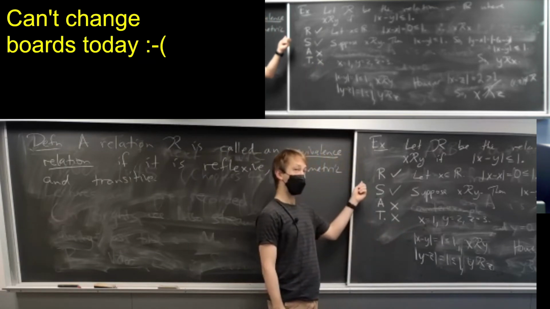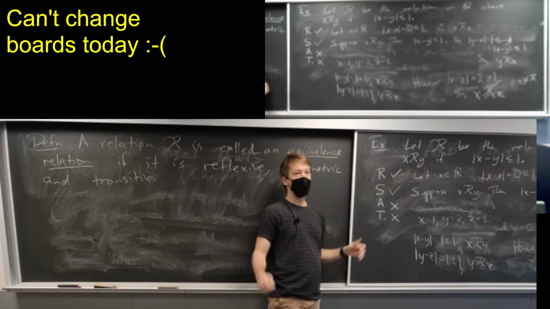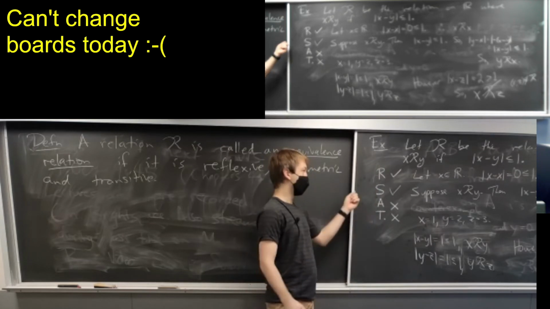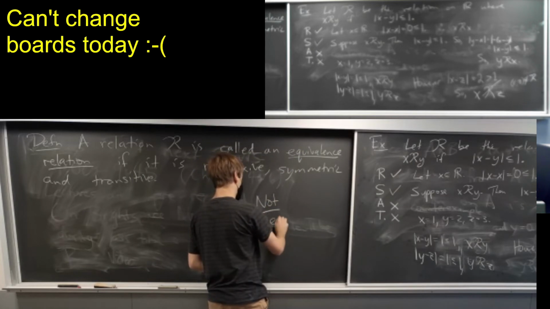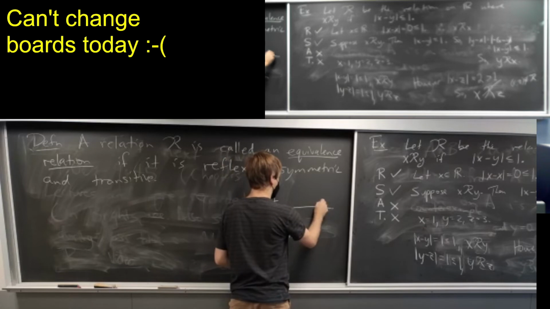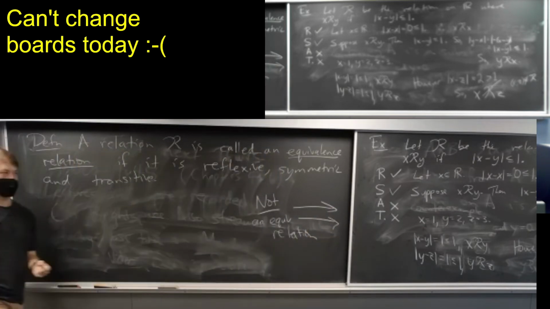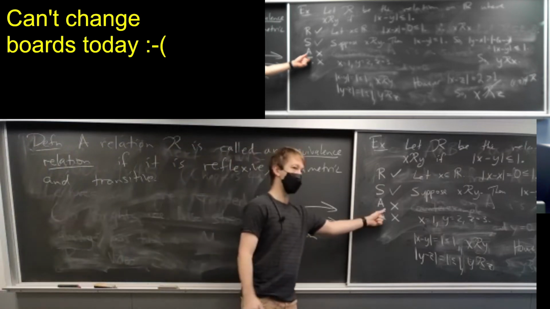It's got 2 out of 3 properties. It's reflexive, it's symmetric. However, it wasn't transitive. So it's not quite an equivalence relation. It was pretty close, but it fails the transitivity property.